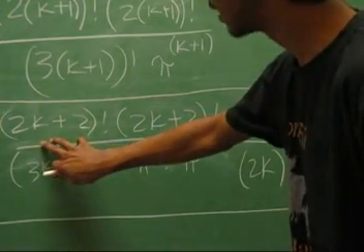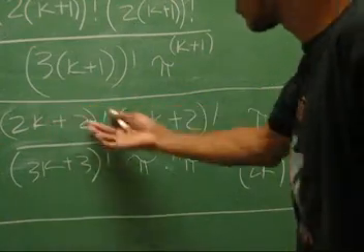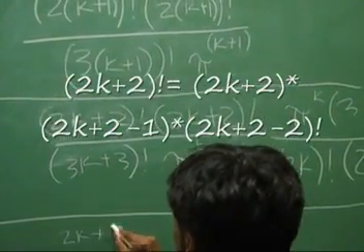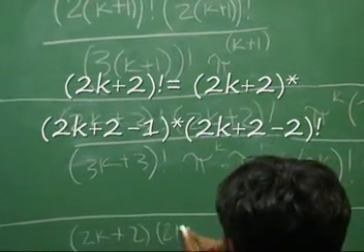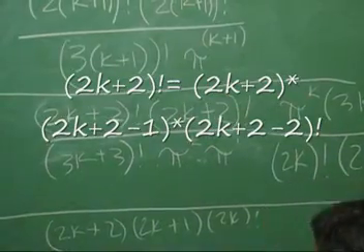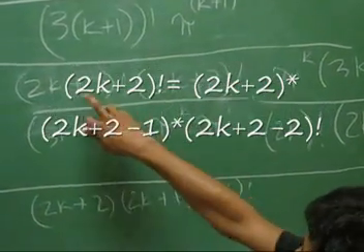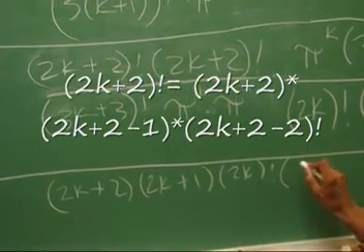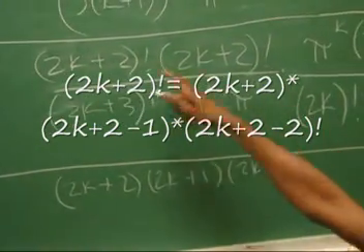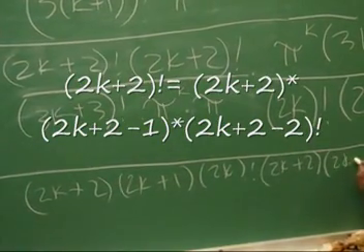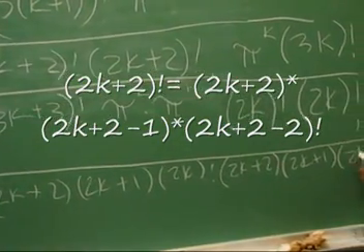In this case, you can rewrite the same thing as 2k plus 2 times 2k plus 1 times 2k factorial. So let's write it over again. We have 2 of them: 2k plus 2 times 2k plus 1 times 2k factorial.